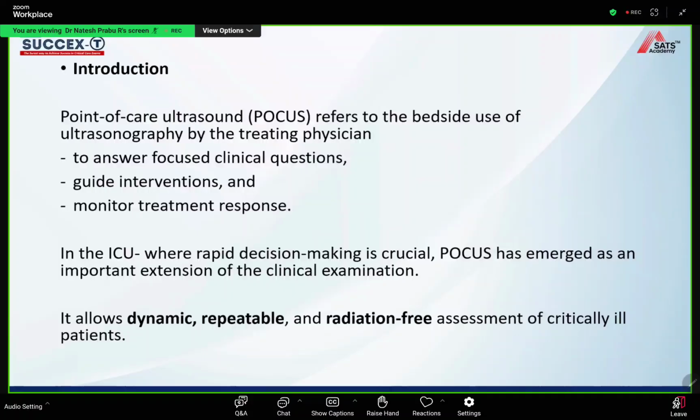So coming on to focus, focus is point of care ultrasound. It refers to the bedside use of ultrasonography by the treating physician, aimed at answering focused clinical questions, guiding interventions, and monitoring treatment response. In the ICU, where rapid decision making is crucial, focus has emerged as an important extension of the clinical examination, and it allows dynamic, repeatable, and radiation-free assessment of critically ill patients.